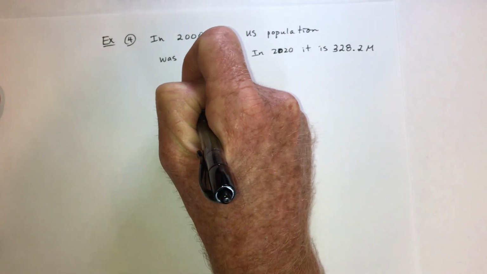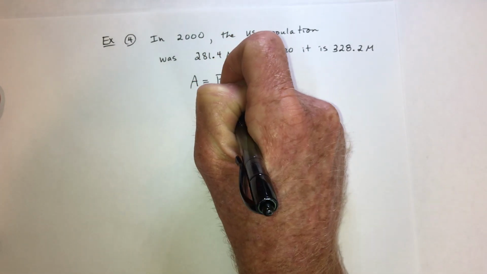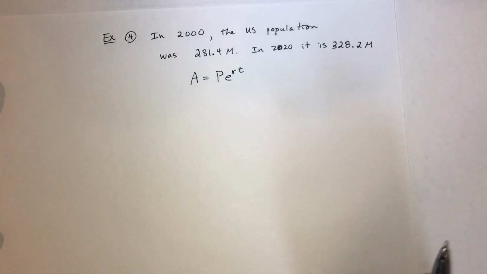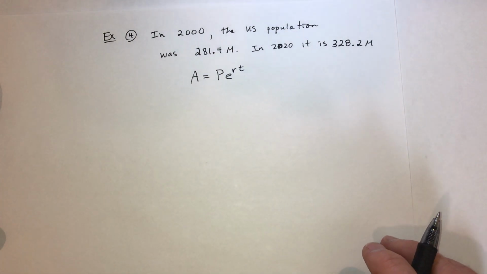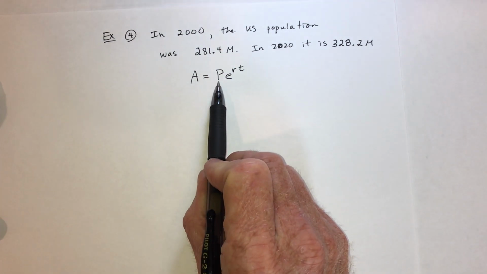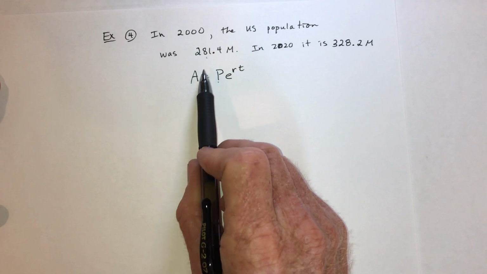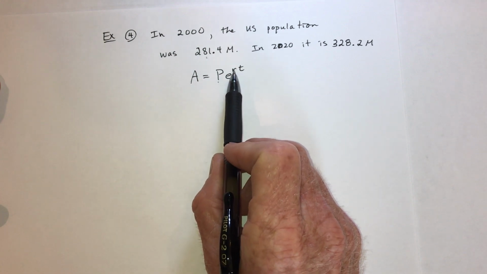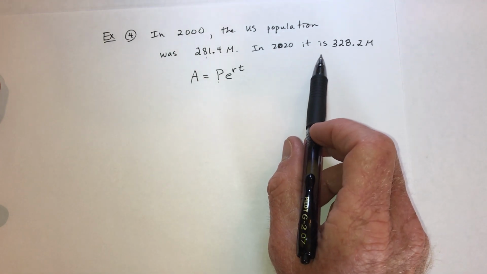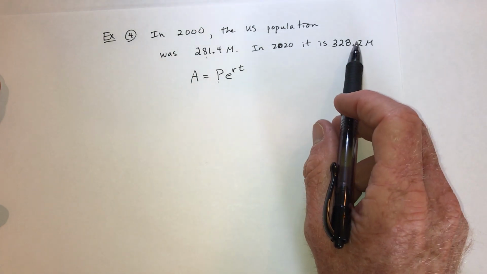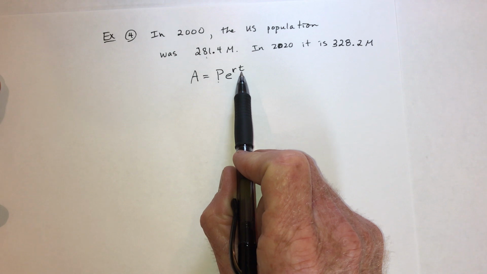Since it's exponential growth, we're going to be using the PERT formula. Hopefully you remember that one from pre-calculus. And with the PERT formula, this is the beginning population. That's the 281.4. The R is the percent that it's growing each year, not over the 20 years, but each year. So that was not given in the problem. And T stands for time.